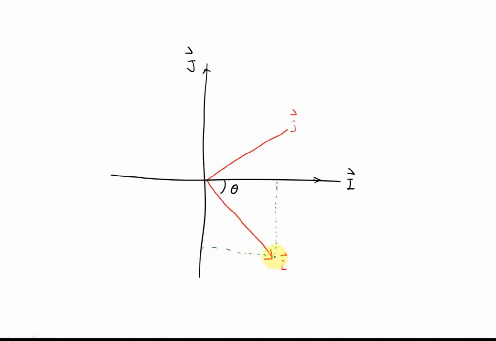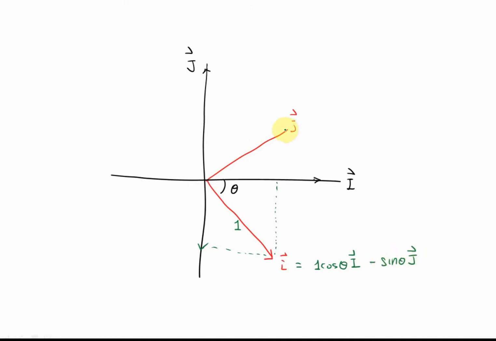So if you break down the i component to the X axis, then the length of your unit vector is 1. So 1 cosine theta I capital, and then the Y direction is negative, so negative sine theta J, right?